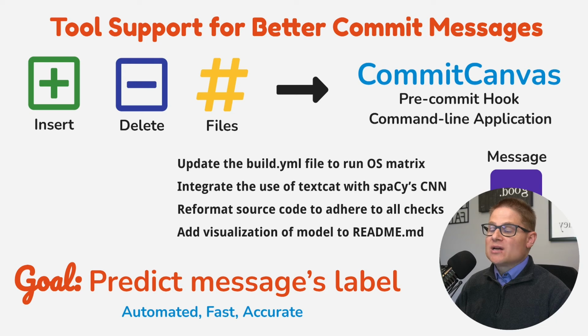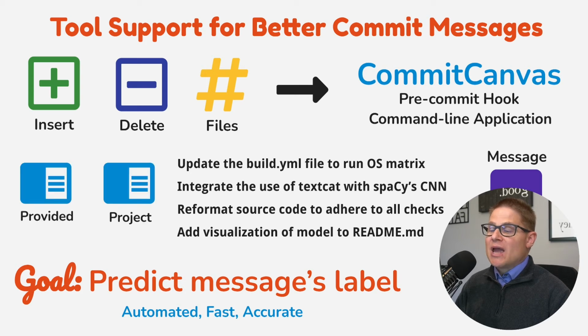We wanted the CommitCanvas tool to be automated, fast, and accurate. It works by using a machine learning model. CommitCanvas comes with a trained machine learning model that we created by looking at inserts and deletes across different file types for hundreds of projects.